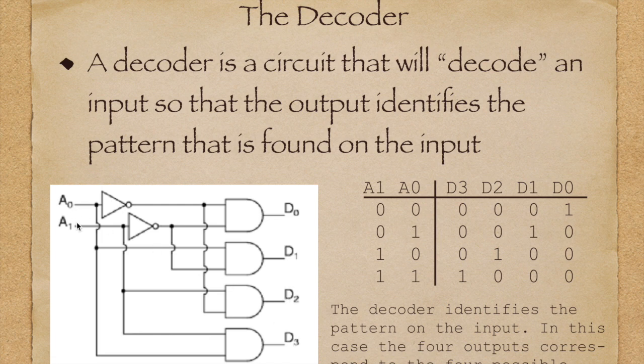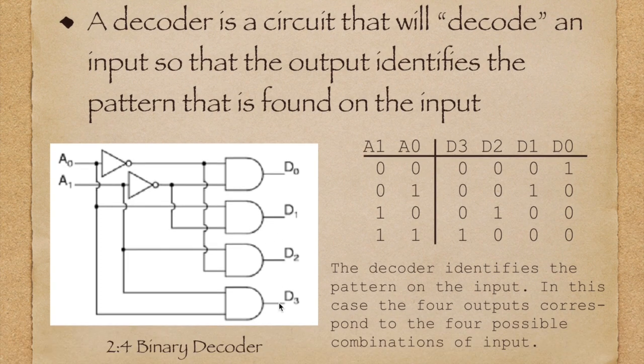So if it's 0 0, D0 is high. If it's 0 1, D1 is high, and so on. So this is called a binary decoder. In this case, it would be referred to as a 2 to 4 binary decoder.